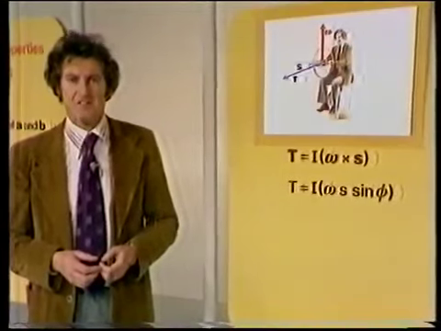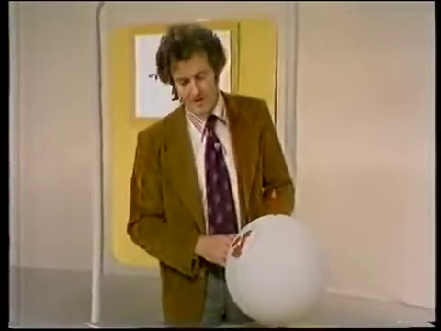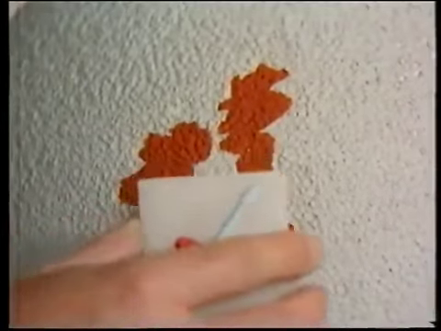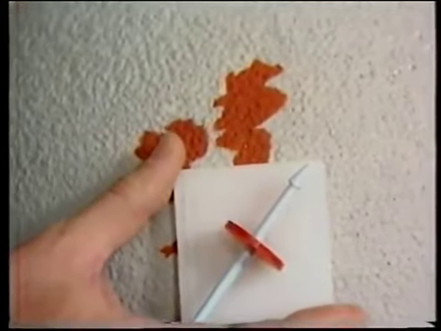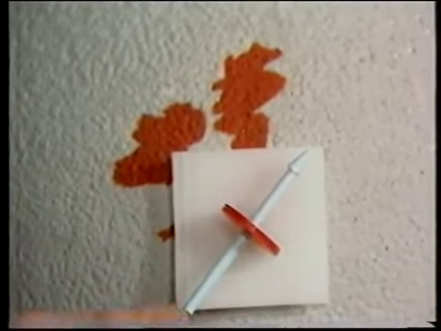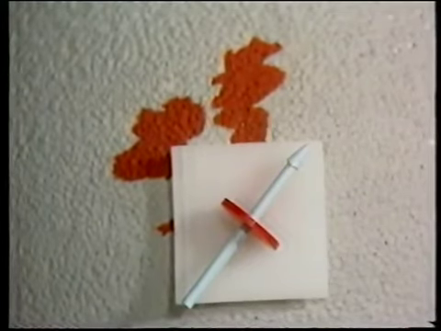Let's have a look at the vectors involved. Here's London, and here is the studio floor. There is the wheel Alan's holding, and you can see the direction of the spin vector. Now, the Earth's rotating.